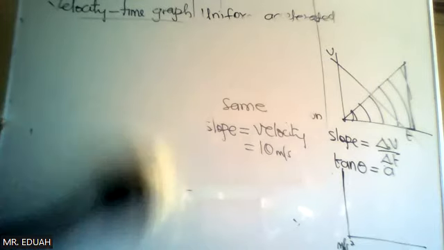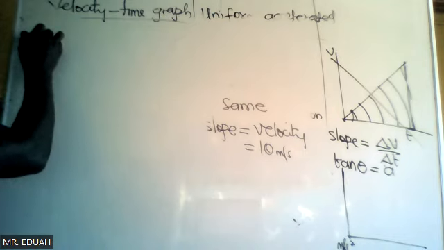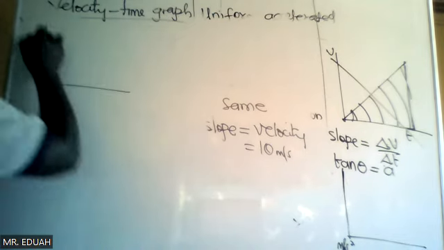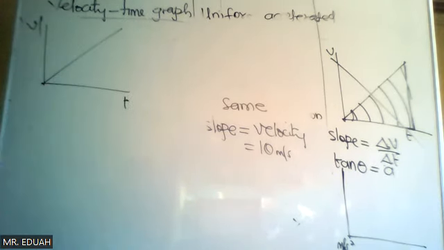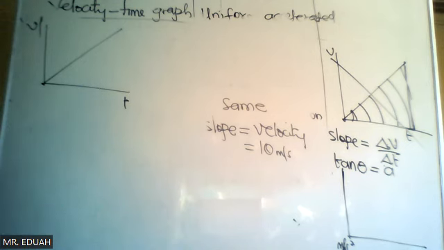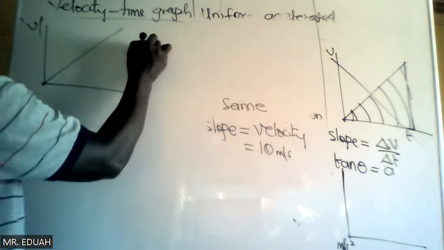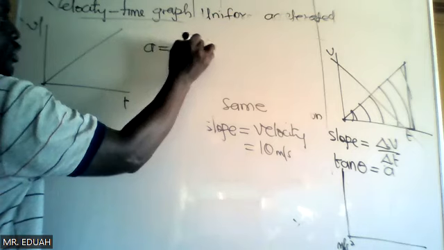We've also talked about the velocity time graph when the acceleration is uniform, accelerated motion. Over here, a is constant or uniform.